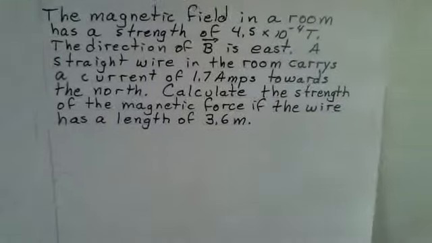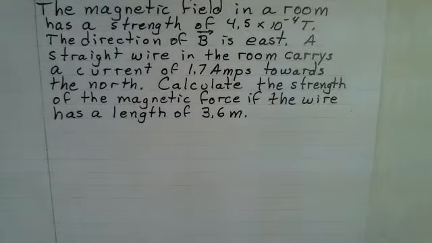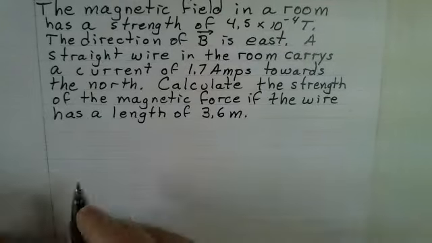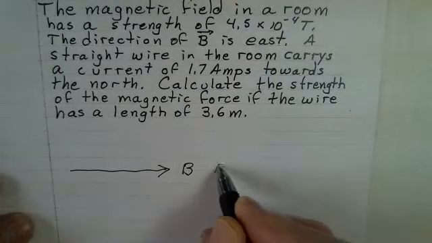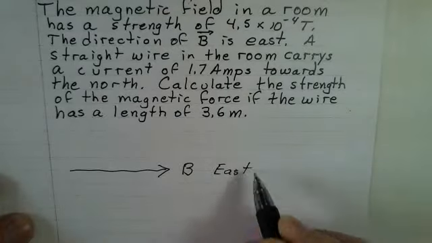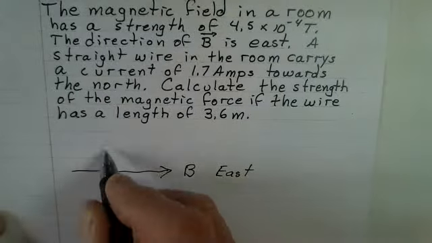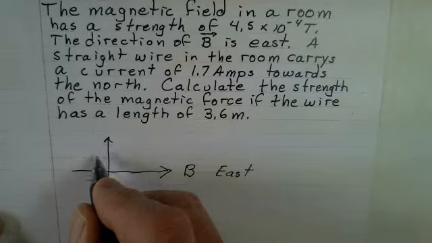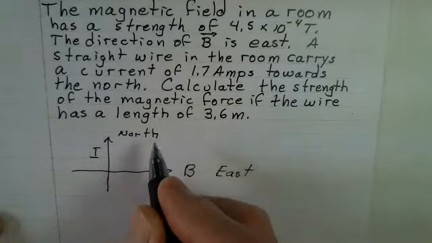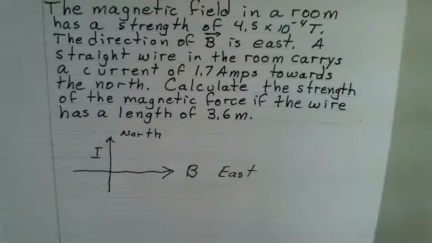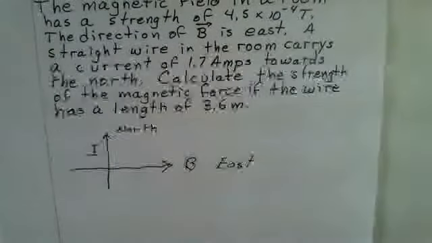So to do just a little sketch of what this might look like, we'd have a magnetic field directed towards the east, and I have a current directed towards the north, and the common assumption would be that both of these are in the horizontal plane.